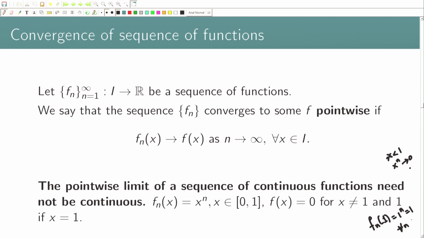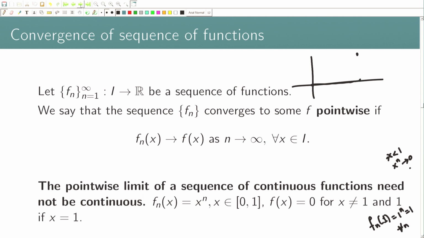Therefore, f n at 1 is a constant sequence 1, which will converge to 1. So the limiting function we get is 0 up to 1, and at 1 it is 1, and certainly this is not a continuous function on the closed interval 0 1.